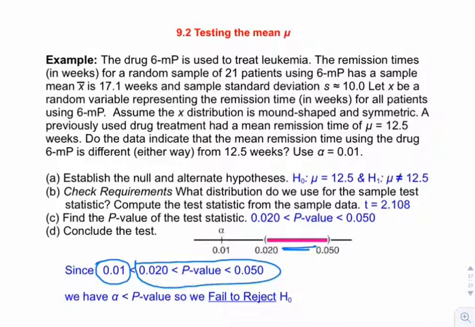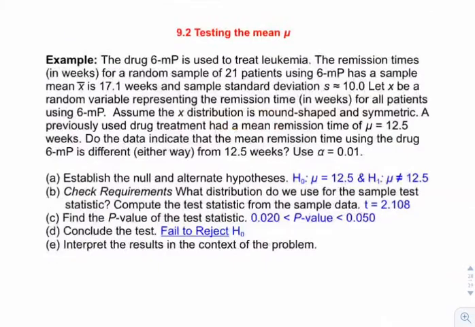It's between 0.02 and 0.05. 0.01 is to the left. It's smaller. Because the p-value is bigger, we're going to fail to reject. We need the whole interval to be greater than alpha to fail to reject. Otherwise, we will reject.